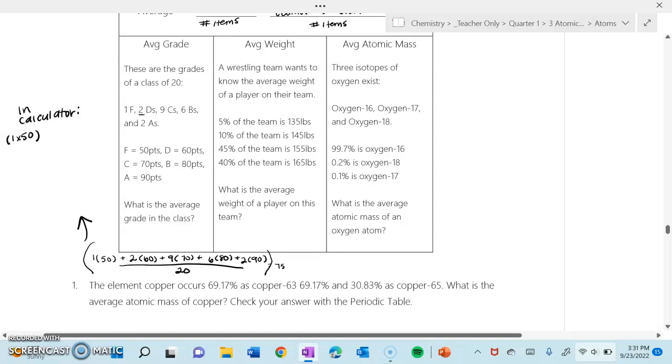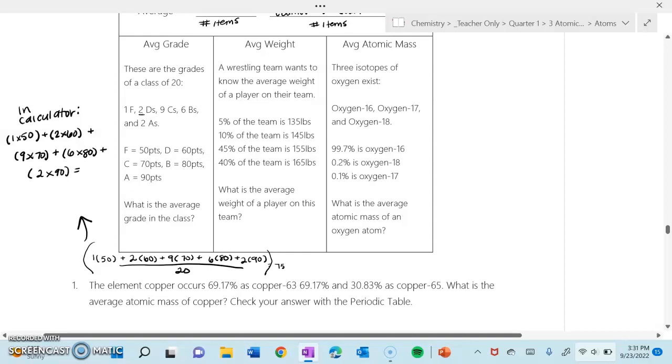So put a parentheses and then do your first multiplication. And then you can just add the next one, 2 times 60 plus parentheses 9 times 70 plus parentheses 6 times 80 plus parentheses 2 times 90 equals.